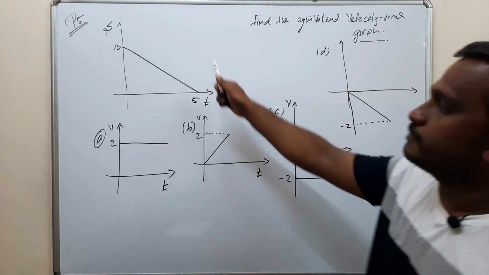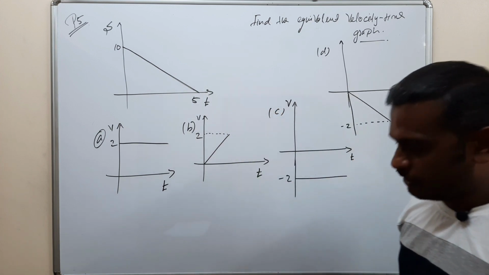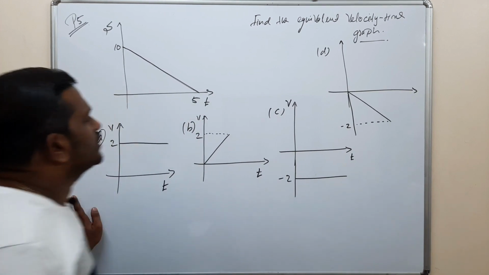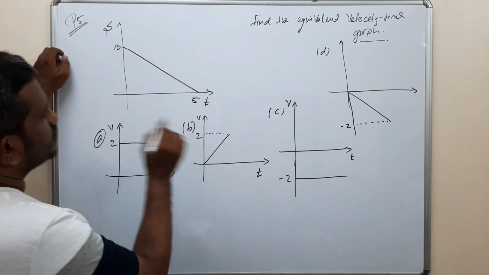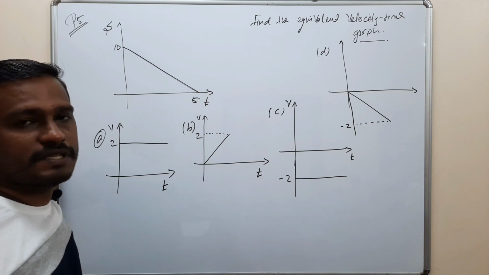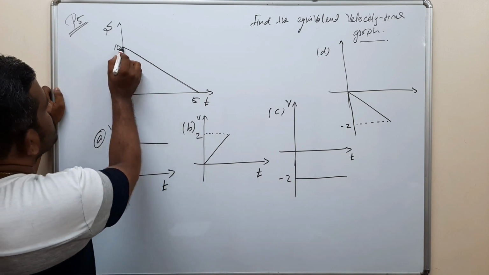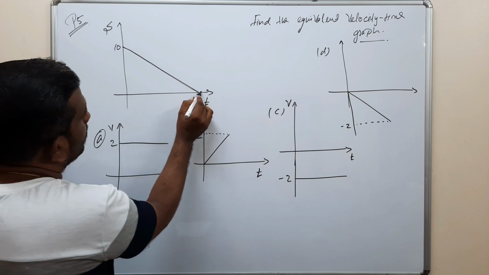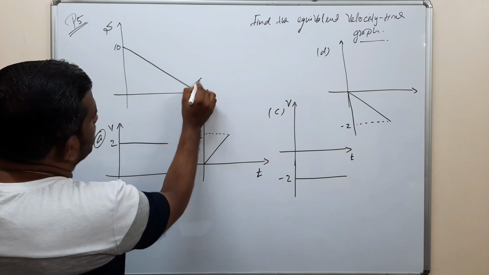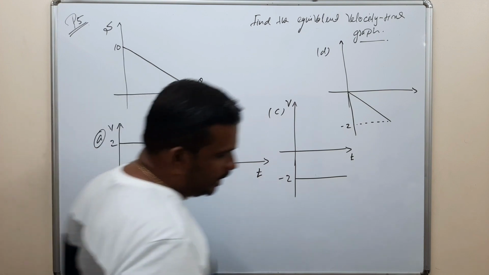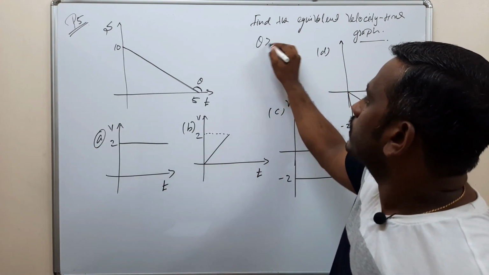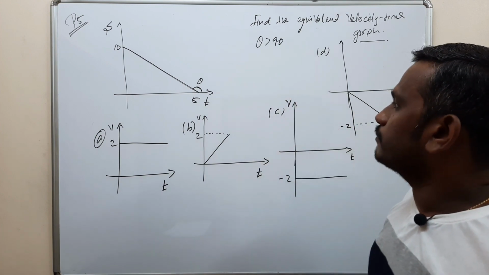So this is a displacement time graph. What is its equivalent velocity time graph? We know that the slope of the displacement time graph gives the velocity. The slope of this curve is theta, with theta greater than 90 degrees.